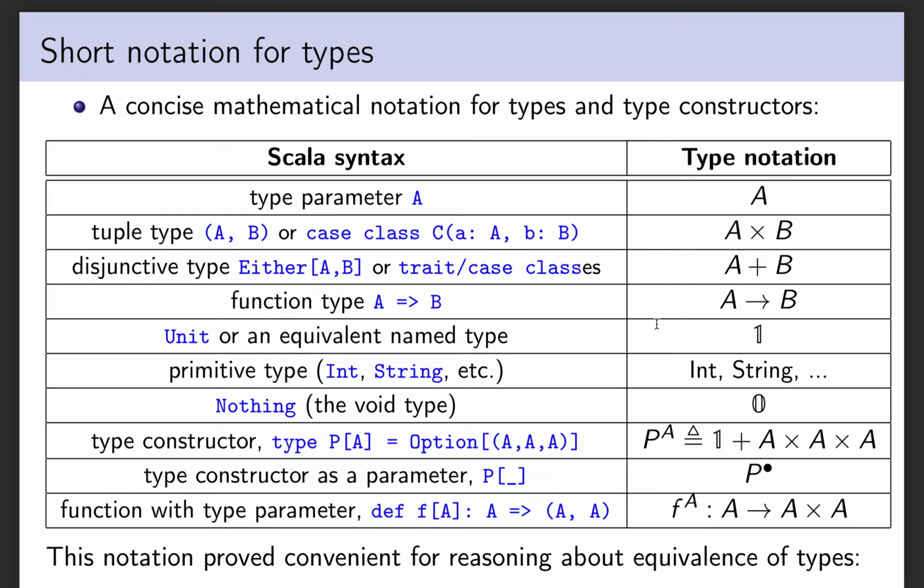They're written as sums, the function type is written as an arrow, the unit type or any kind of named case object is just a 1, and so on. So for example, this type constructor option of a triple is written as 1 plus a times a times a.